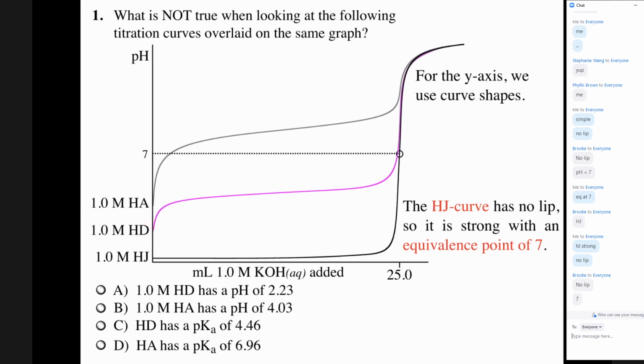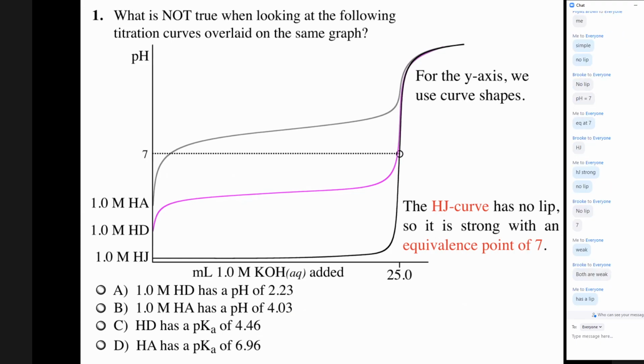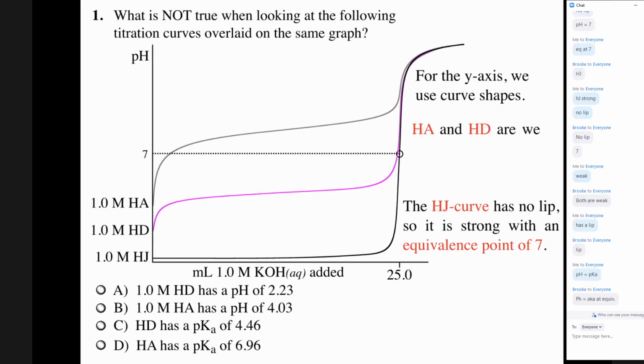Tell me about the pink curve and the gray curve. Weak or strong? Weak. How do you know? They have a lip. What's the one point you know on both those curves automatically then, without any effort? pH equals pK.